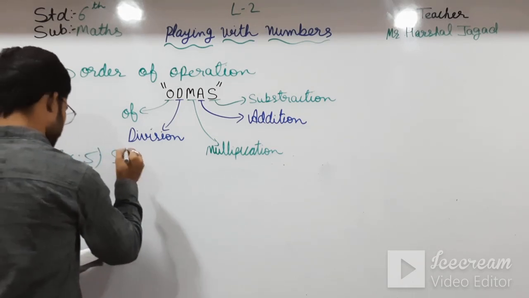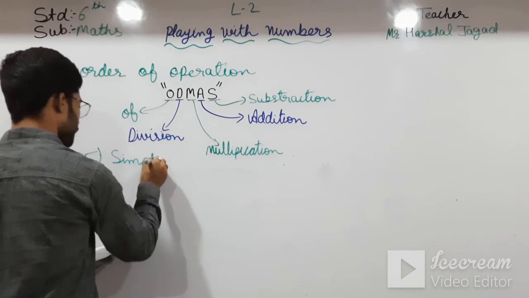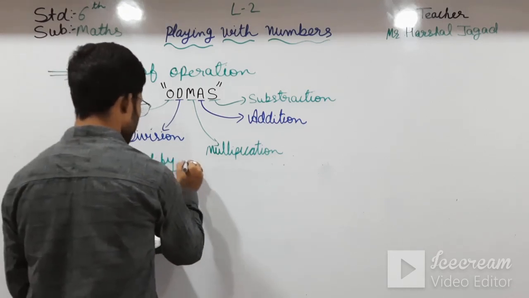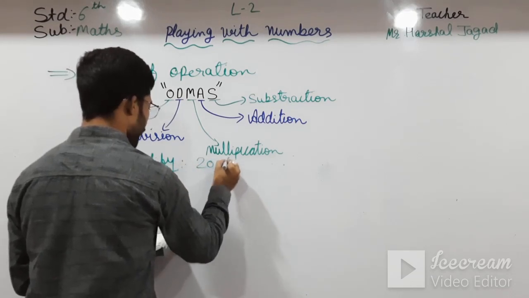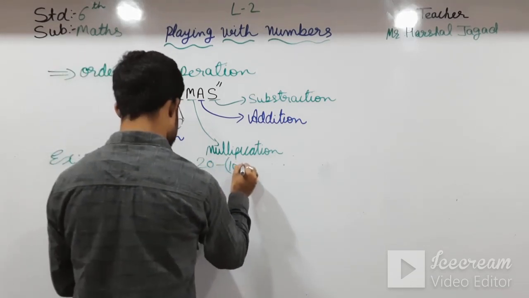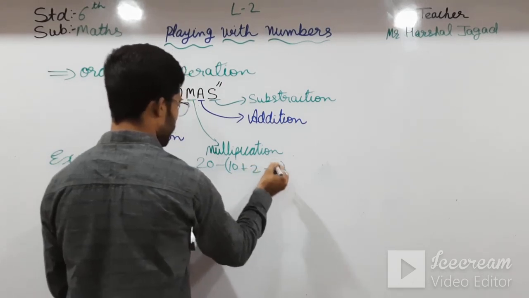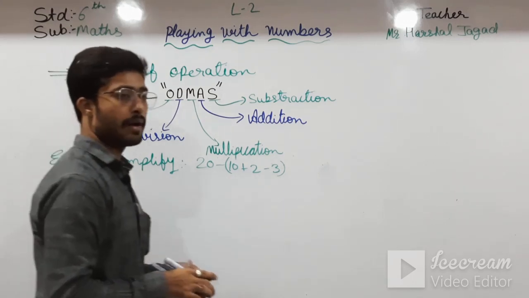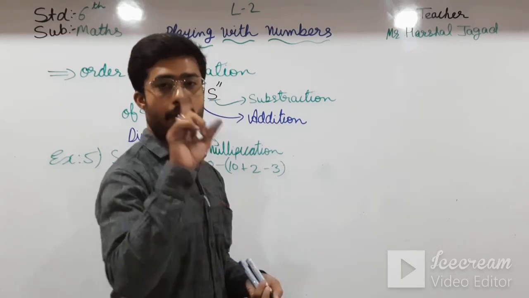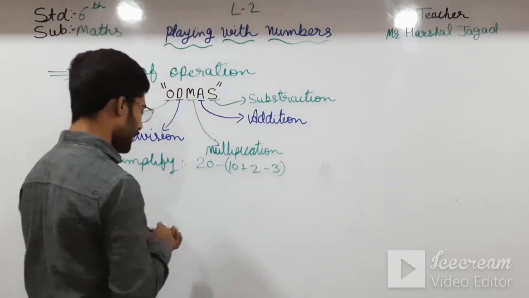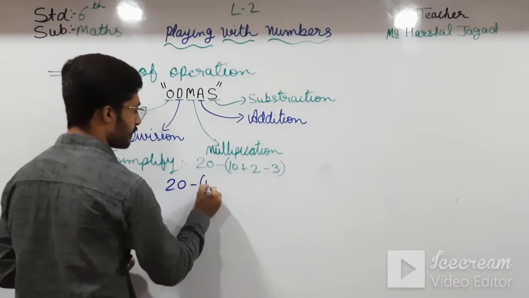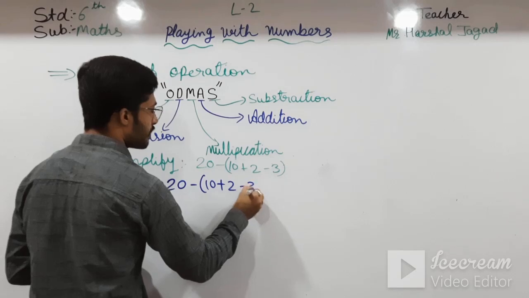Simplify 20 minus, in the bracket, 10 plus 2 minus 3. Okay students, so how will we simplify this? So first what I have told, simplify the bracket. First of all we have to simplify the bracket. So first of all writing the equation as it is, 20 minus, in the bracket, 10 plus 2 minus 3.